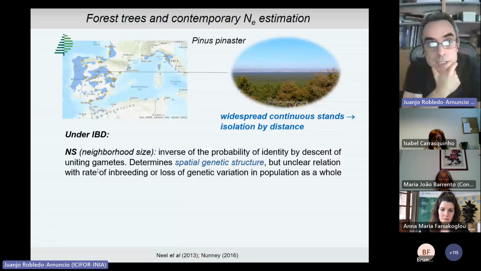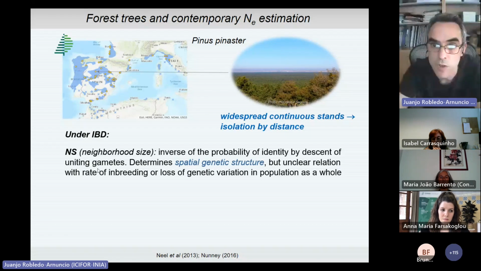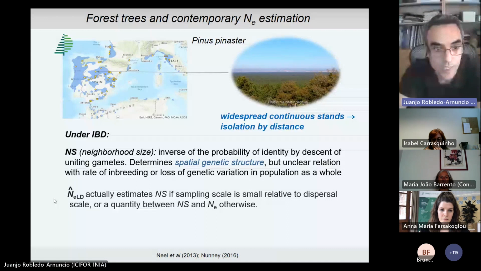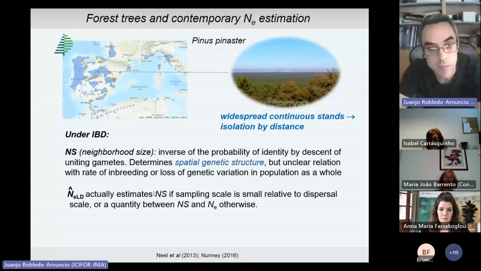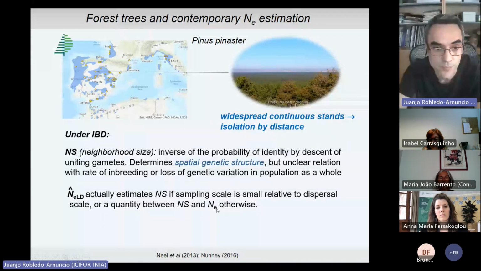And this parameter determines the spatial genetic structure within the population, but it has an unclear relationship with the loss of genetic variation rate at the population as a whole. And the issue is that when we estimate effective size using, for instance, the linkage disequilibrium method, what we are actually estimating is the neighborhood size, if the sampling scale is small relative to the dispersal scale, or a quantity between neighborhood size and effective size otherwise.